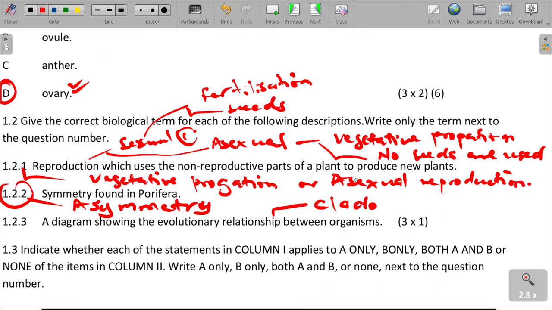It is called a cladogram, and others can call it a phylogenetic tree diagram.